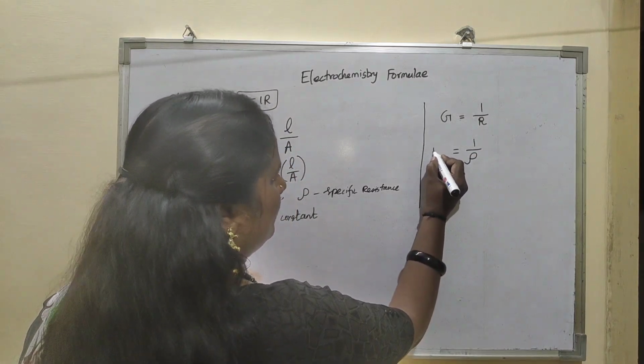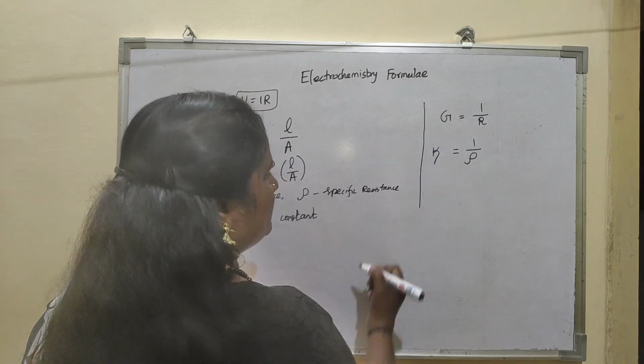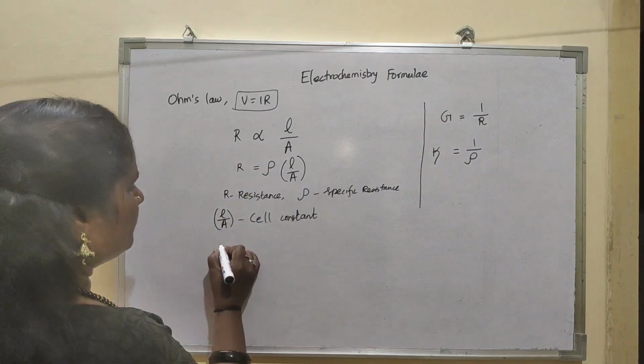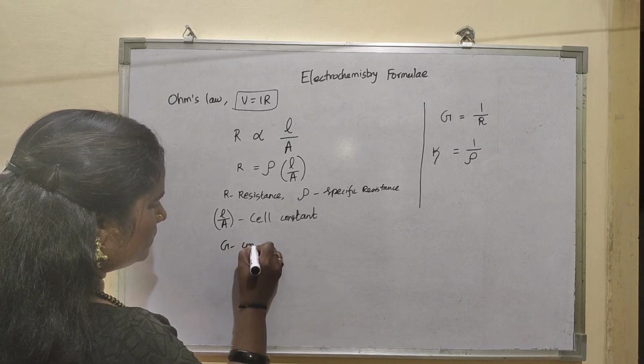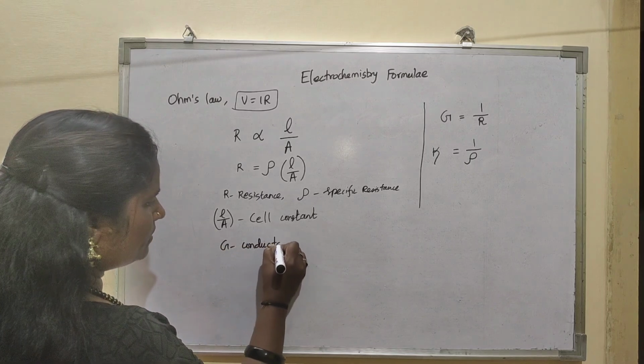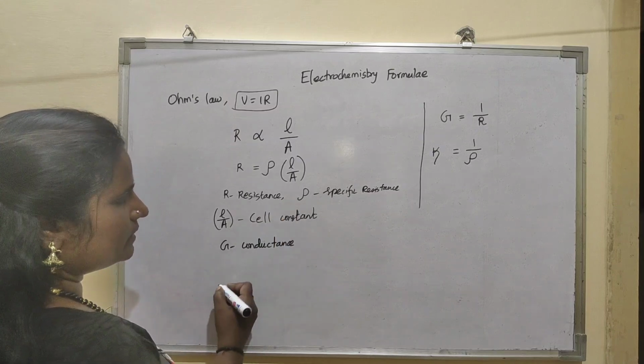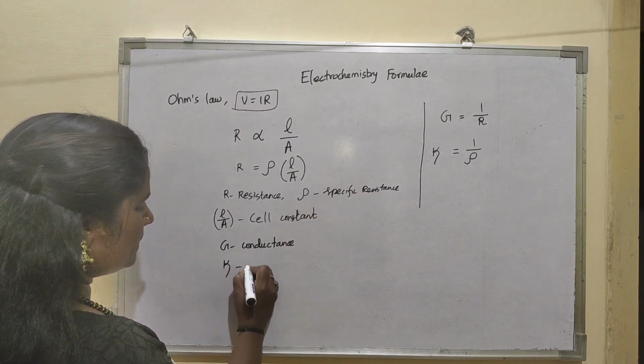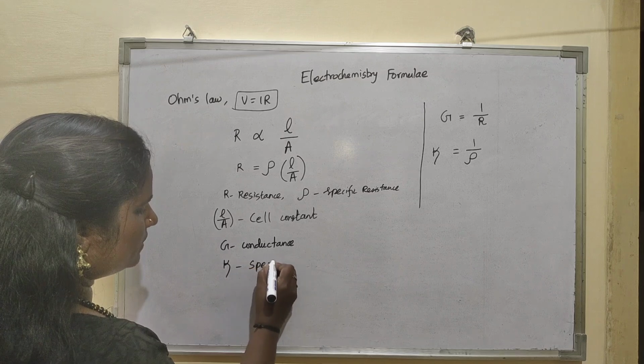So let me write all the quantities: G is the conductance, R is the resistance, rho is the specific resistance, kappa is the specific conductance.